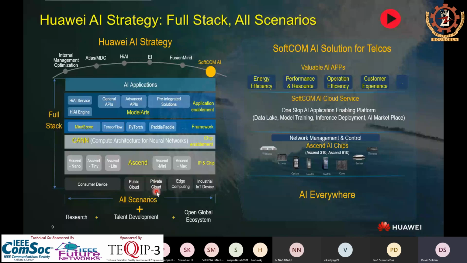And the work that has been done is really comprehensive. So that's why we're talking about the full stack. And the target was to address all possible scenarios, not specific use cases, like we may think of images, so to look at computer vision.